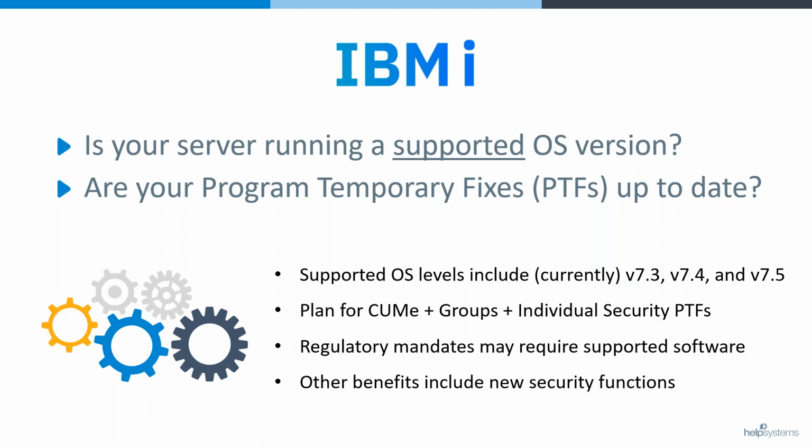And that's important not only for best practices and making sure you have access to PTFs and support, but it's also necessary for any type of regulatory compliance. Most standard regulations will mandate that you have to be on a supported application version, including the operating system, because of that expectation then of being given support and assistance in keeping your environment up to date.